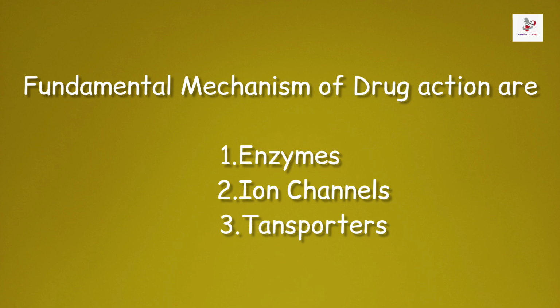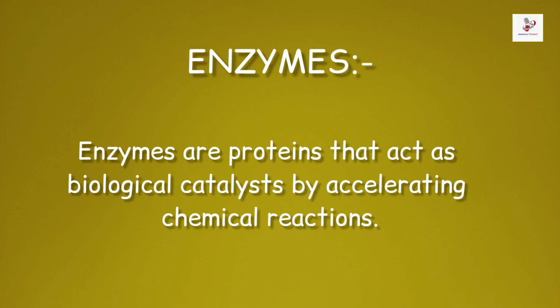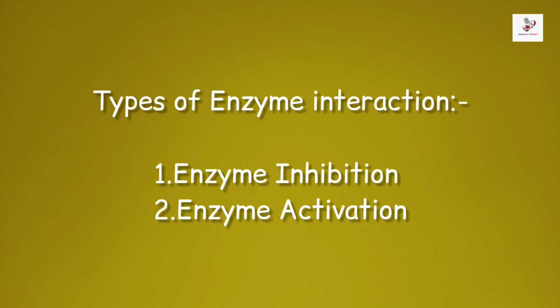So, at first, we go with the enzymes. Enzymes are biocatalysts, which are high molecular weight proteinous compounds, and they enhance the reactions which occur in the body during various life processes. In pharmacodynamics, enzymes play a crucial role in determining how drugs interact with the biological system. There are two types: one is enzyme inhibition, second one is enzyme activation.